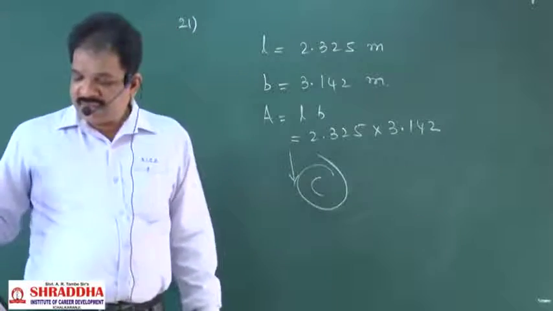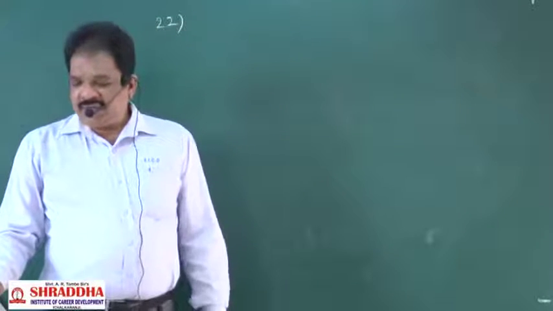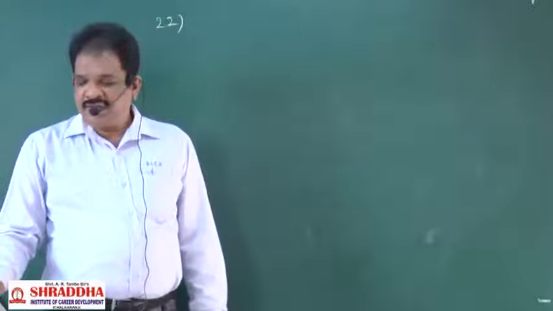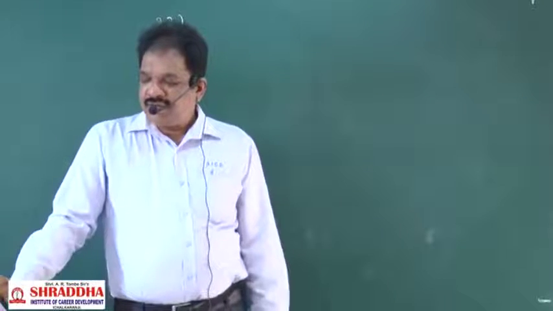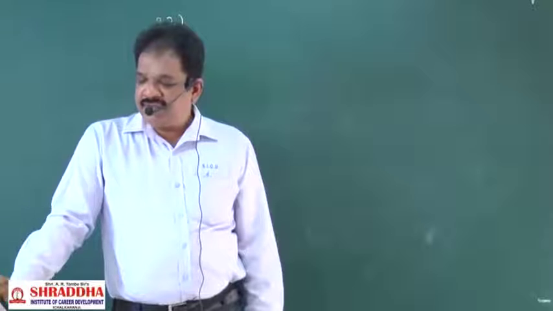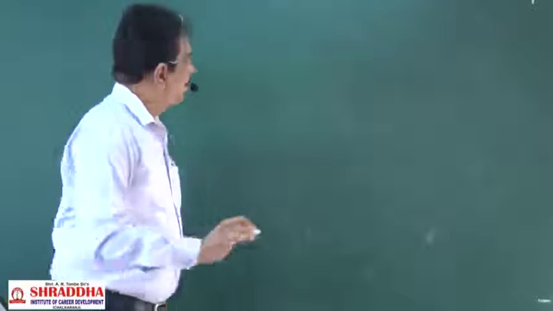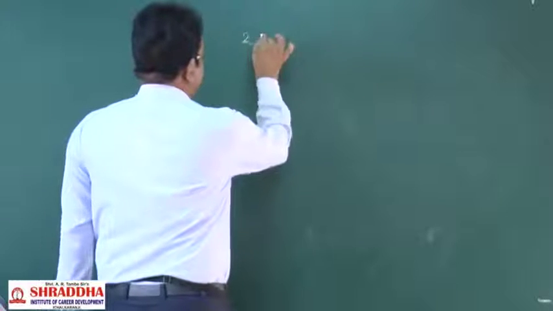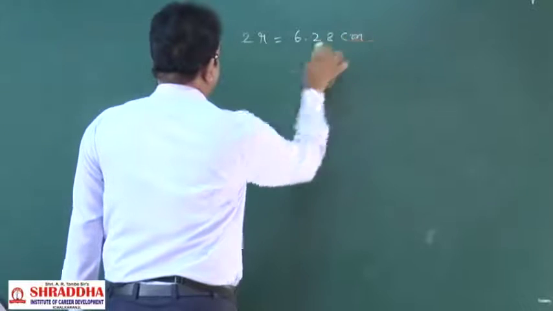Okay? Next, 22nd. Diameter of the circular ring is 6.28 centimeter. What is the circumference taking into the significant figures? Diameter is 6.28.